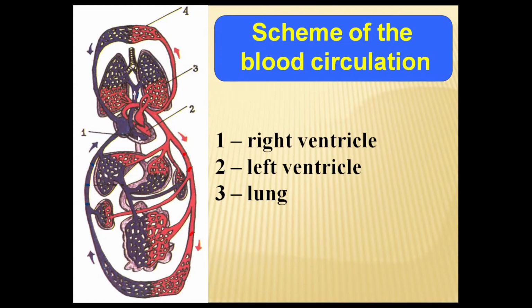Lesser circulation starts from the right ventricle, goes through the lung and controls gas exchange. It finishes in the left atrium. And coronary circulation, which appears during the diastolic period and controls blood supply of the heart, the main organ of our organism.